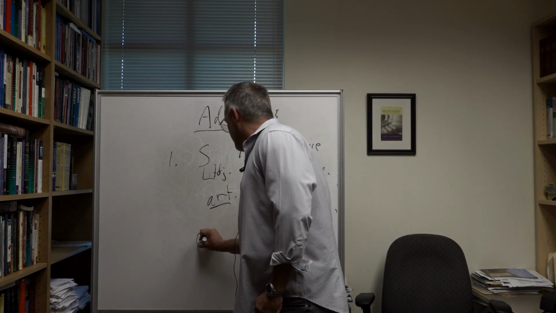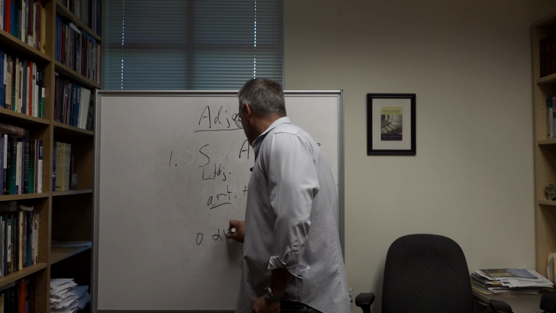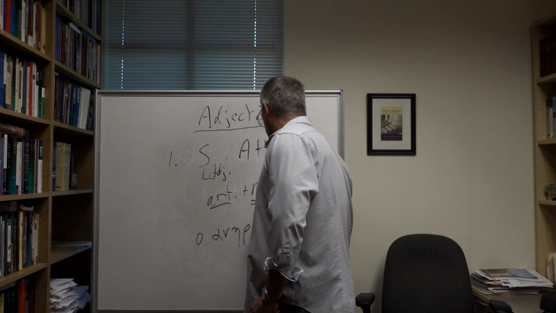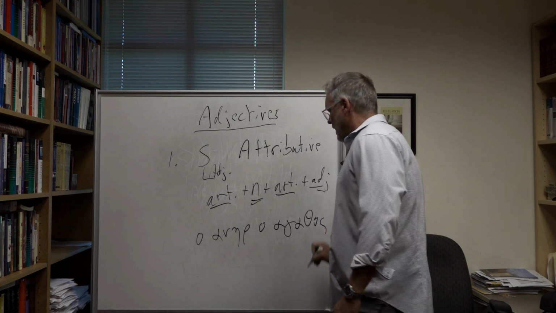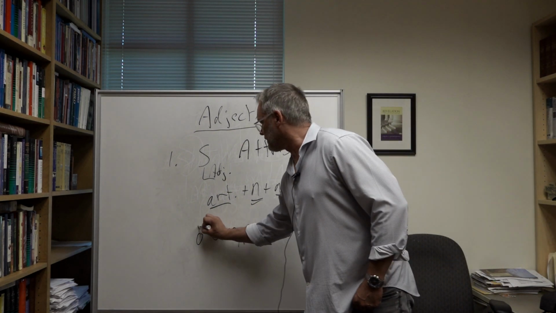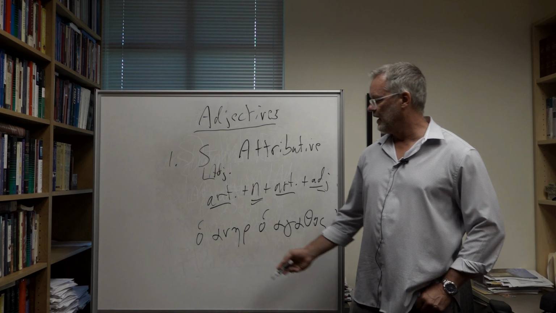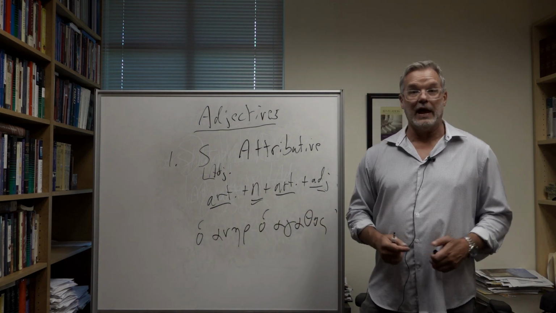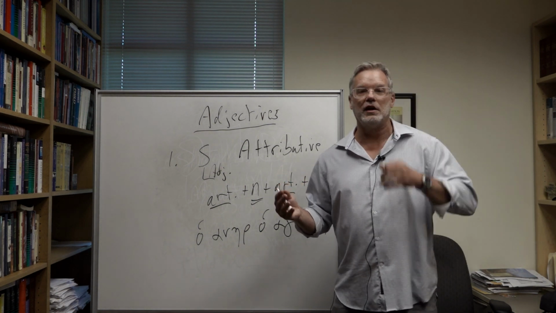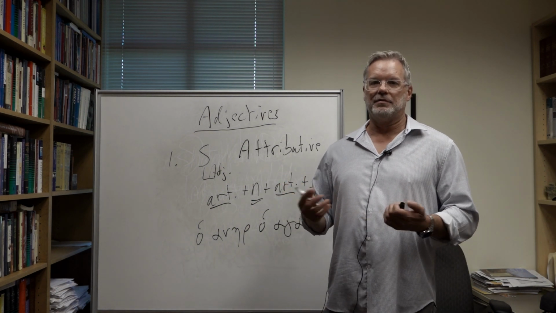For example, I could say ha on air, ha agathos. So there's my article, rough breather. There's my article, noun, article, adjective. And I would translate it the same way in English, the good man.